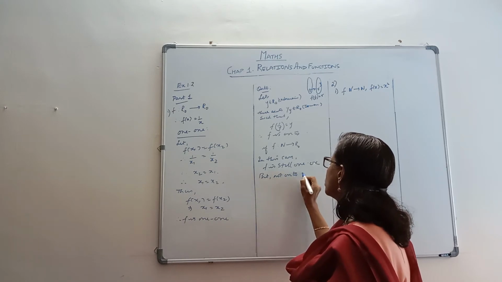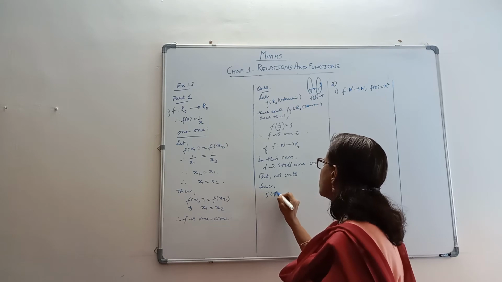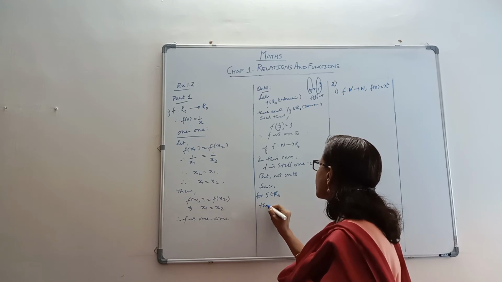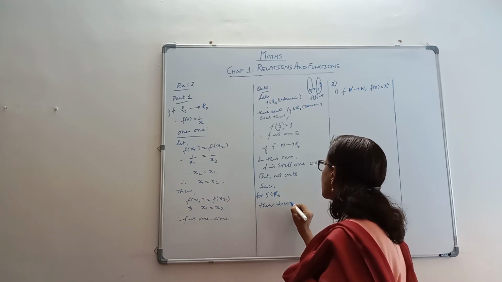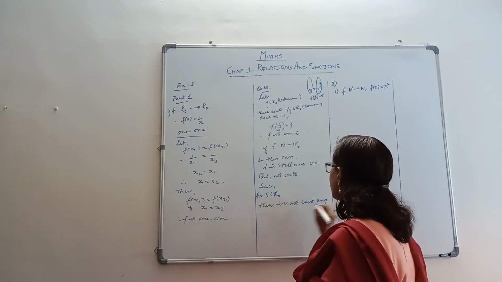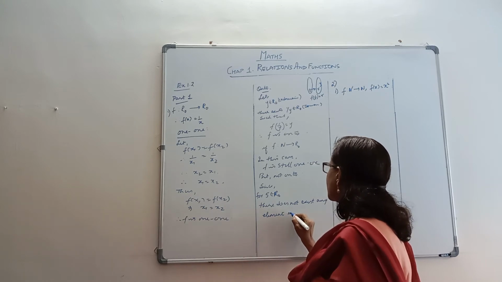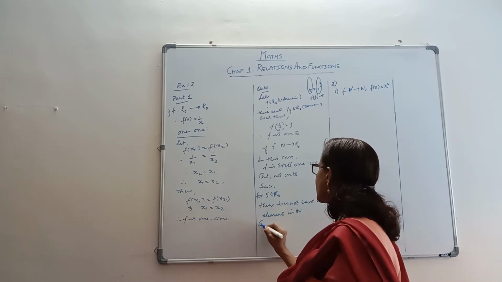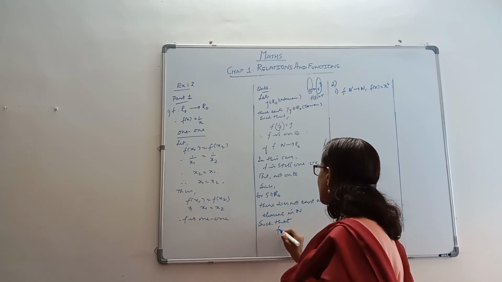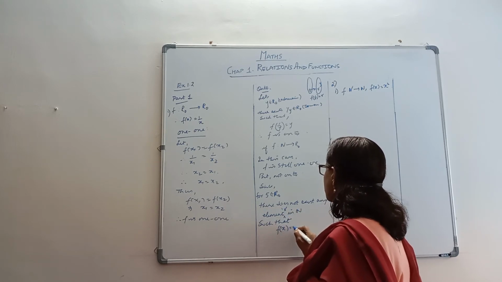Now why is it not onto? Since for phi belonging to R0, there does not exist any element in n such that f of x equal to 5.